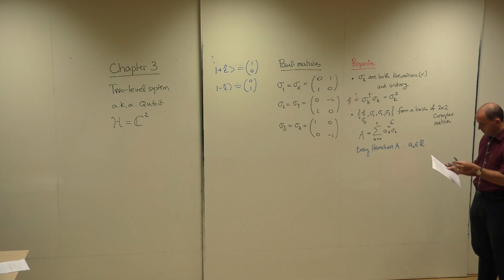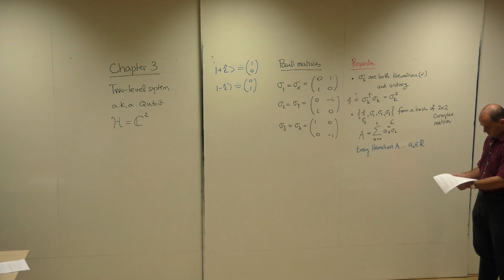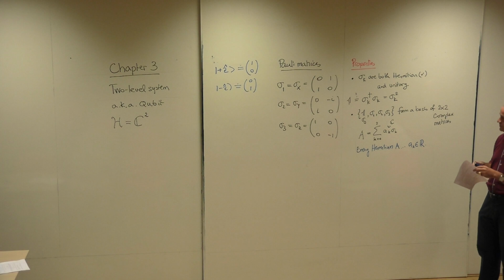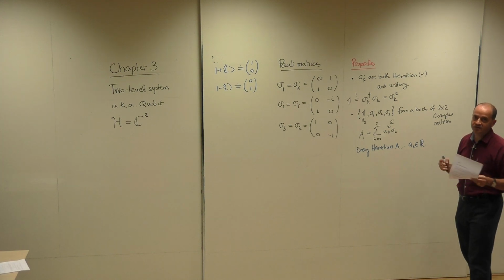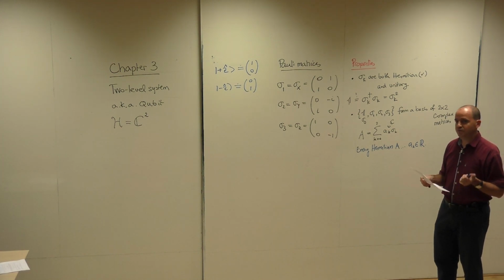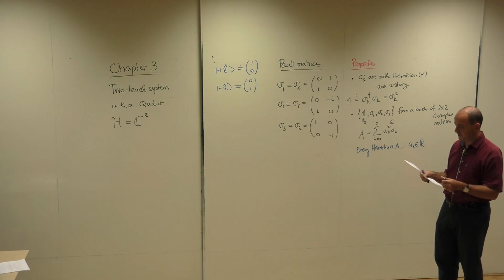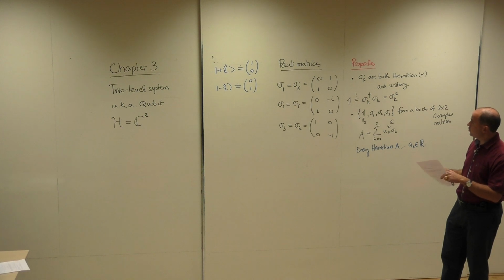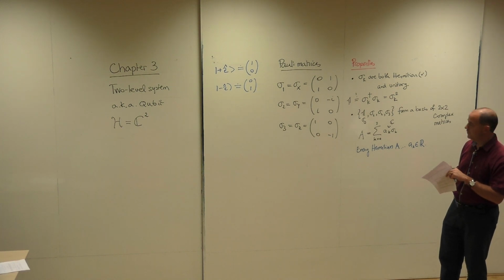Okay, another important property is the commutation relations between Pauli matrices. Actually, this is what defines, you will see later also with angular momenta, this is a very important definition of the Pauli matrices. So the commutation relations are cyclical.